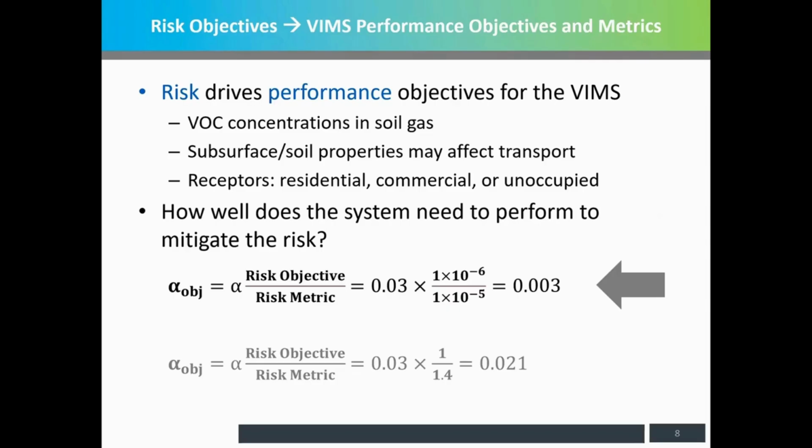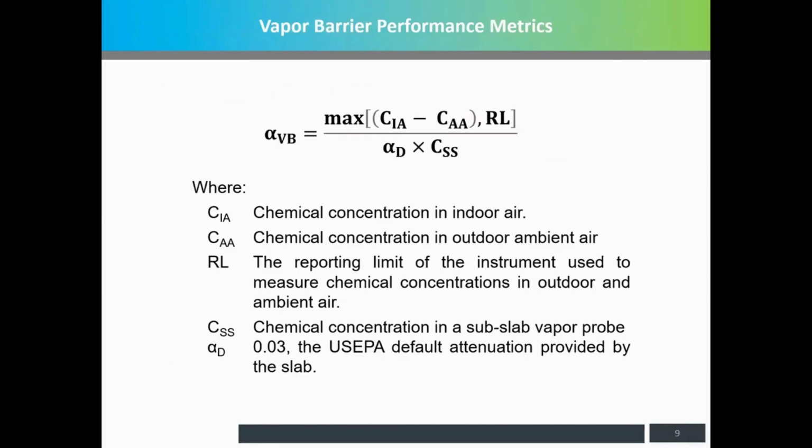So again, what is the performance for your membrane? What's the performance you can assume for concrete, and so on. So we're just looking at how well the system needs to perform in order to mitigate the risk that's presented by your COCs present in soil gas on your site. And so with that, I'll hand it over to Andy to go into the further details on this.